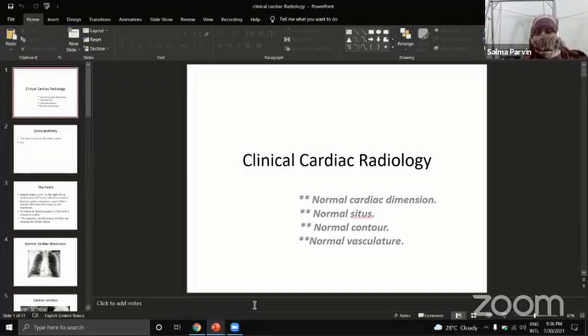Before going to read a chest X-ray to identify any cardiac abnormality, we should go through the normal cardiac anatomy. Then we'll go for the situs, the normal contour and normal vasculature.